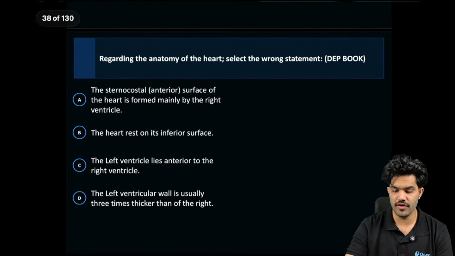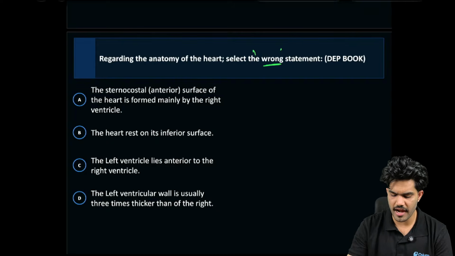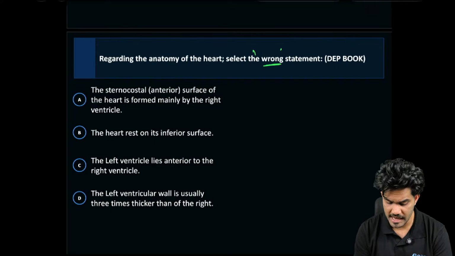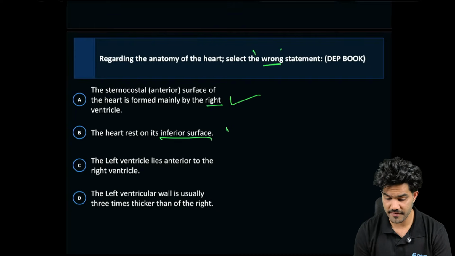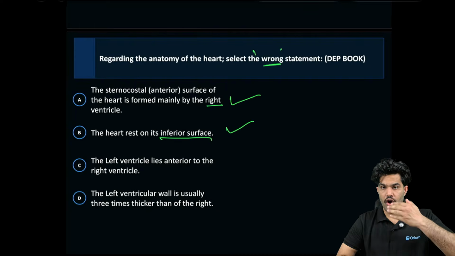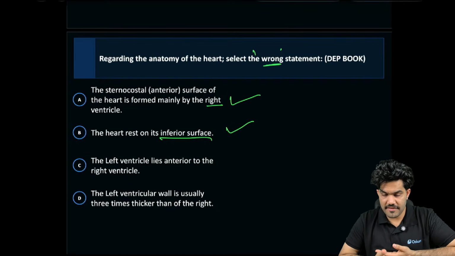Regarding the anatomy of the heart, let's see which is the wrong statement. The sternocostal or anterior surface of the heart is formed mainly by the right ventricle. Yes. The heart rests on the diaphragmatic or inferior surface. Yes, it is resting.